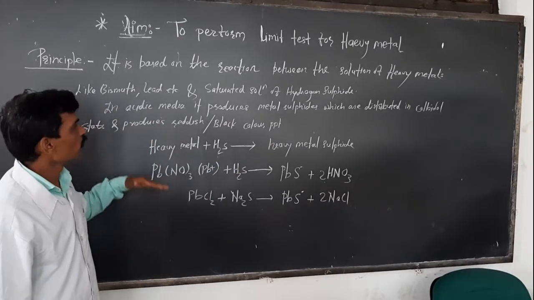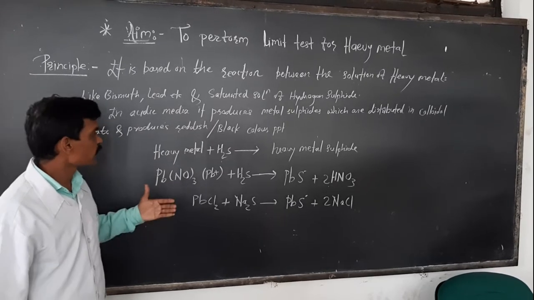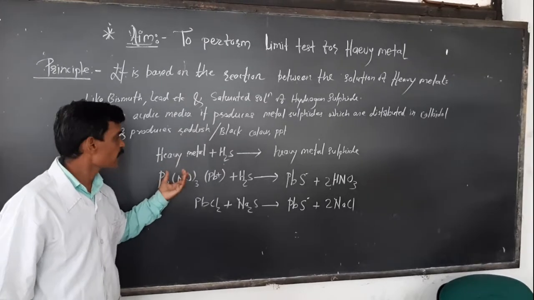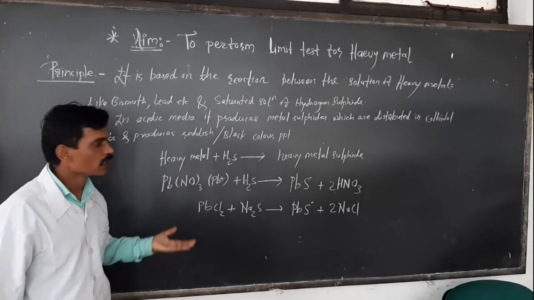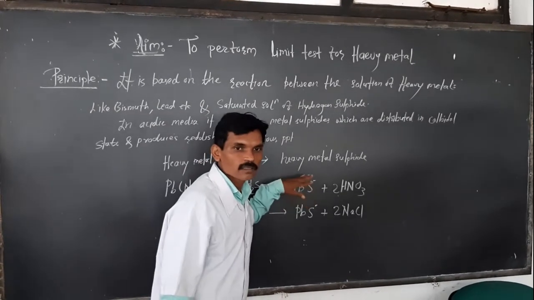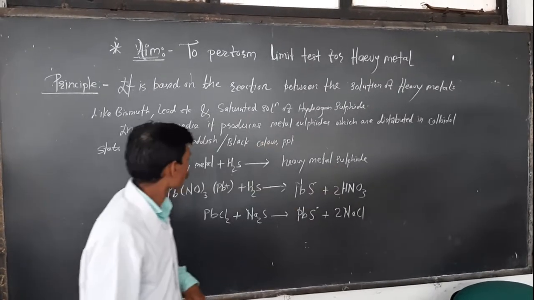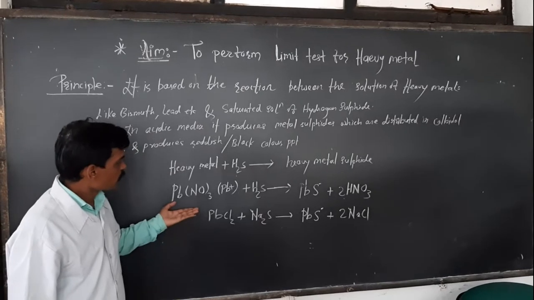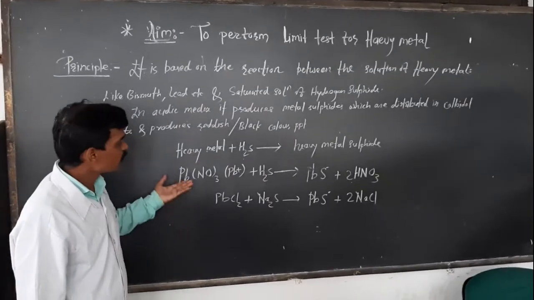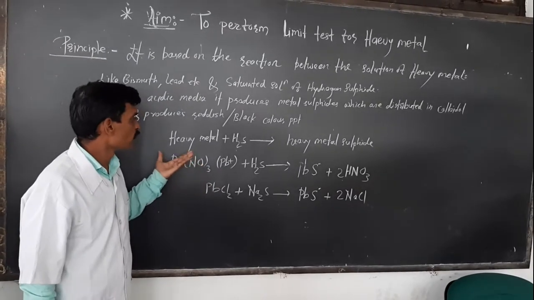Generally, the reaction behind this principle is that whenever a heavy metal reacts with hydrogen sulfide, it produces heavy metal sulfides. We can take an example of lead nitrate, which contains the heavy metal lead.